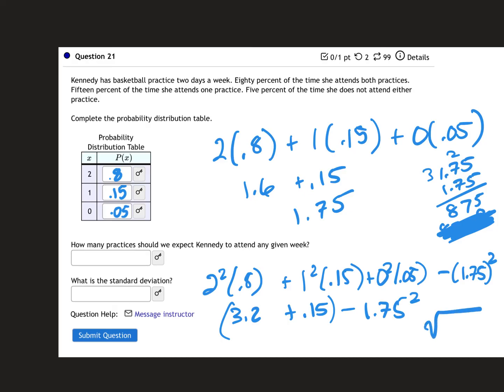Again, you could do this math on your calculator, which is pretty easy because there are so few numbers. Put that in L1, this in L2, go to stat, calc, one variable stats, and then choose L1 for your first option. For your frequency, choose L2, and then hit enter.